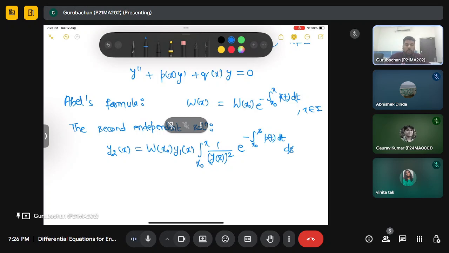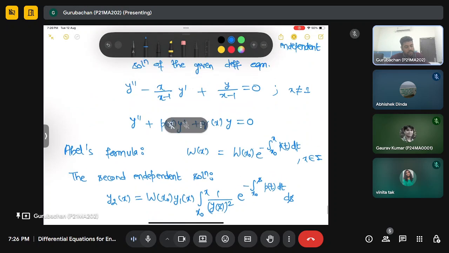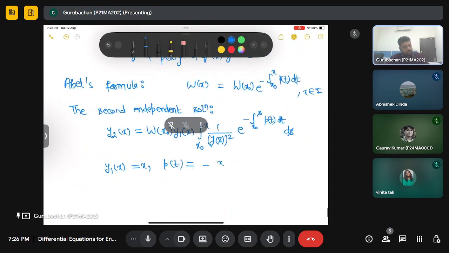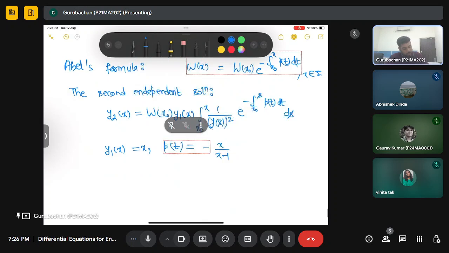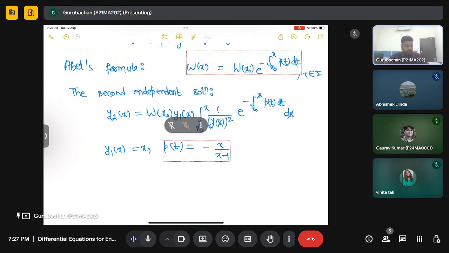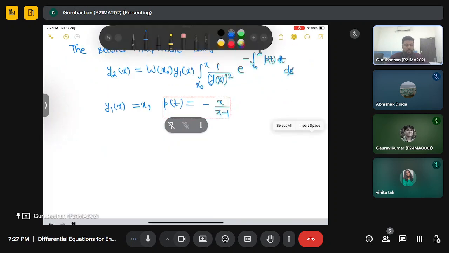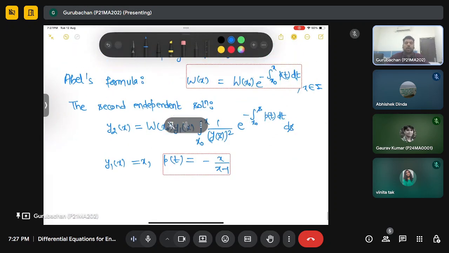So we have here two integrals to solve. The value of y1(x) was x, and the value of p(t) is minus x by (x minus 1). Try to solve this and get the value of y2. The linear combination of y1 and y2 will be the solution of the given differential equation.